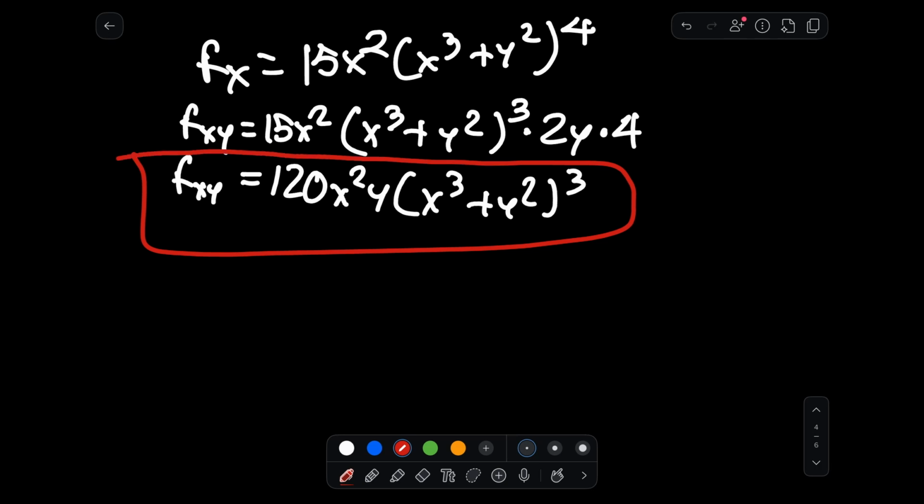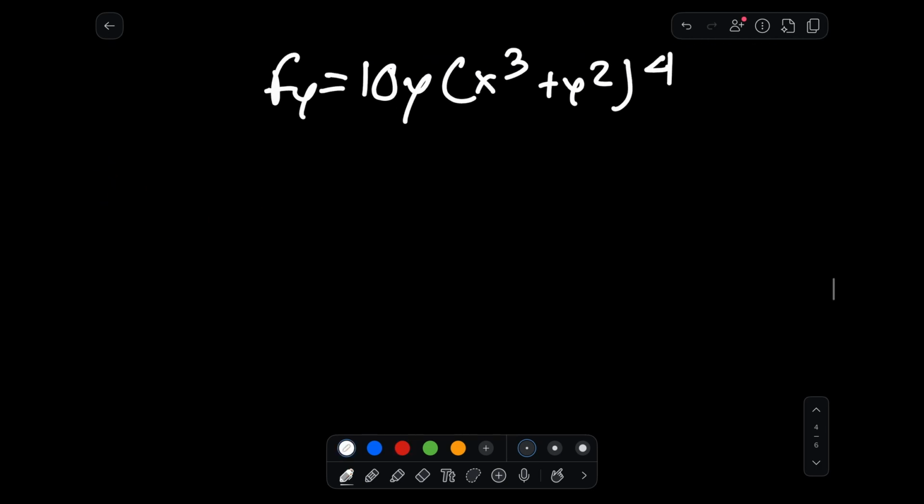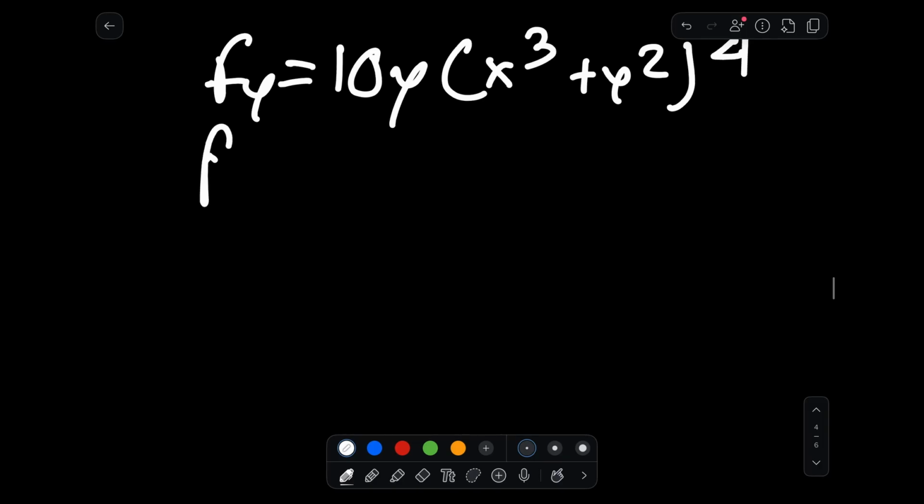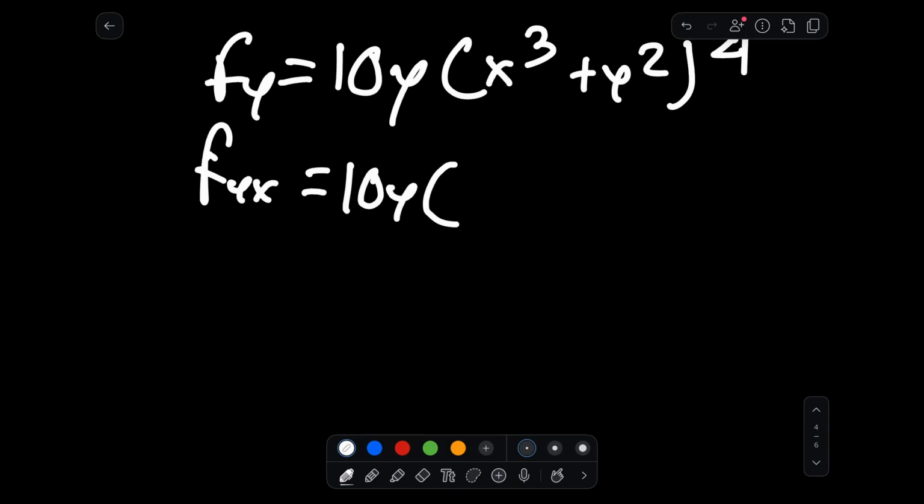And then same thing for this, just take the partial now with respect to x. Y is a constant with respect to x. And then we can do times 4 times 2y.